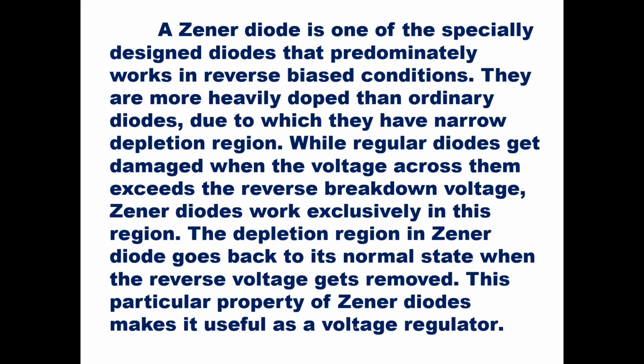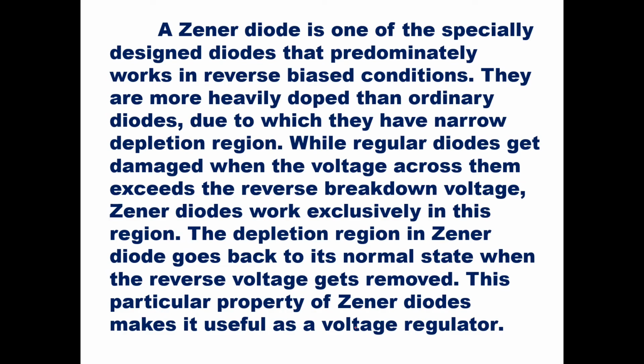Then if you see the note on that, Zener diode is one of the specially designed diodes that predominantly works in reverse bias conditions. They are more heavily doped than ordinary diodes, due to which they have a narrow depletion region. While regular diodes get damaged when the voltage across them exceeds the reverse breakdown voltage, Zener diodes work exclusively in this region.